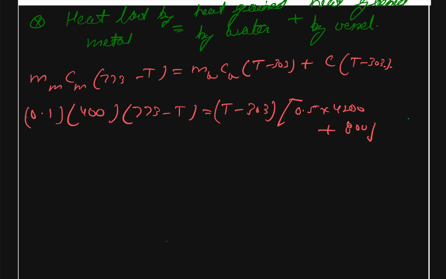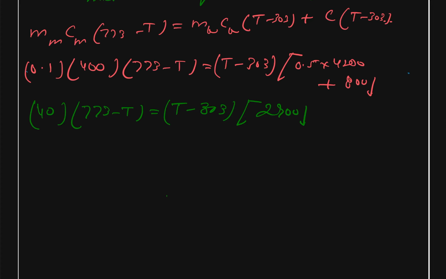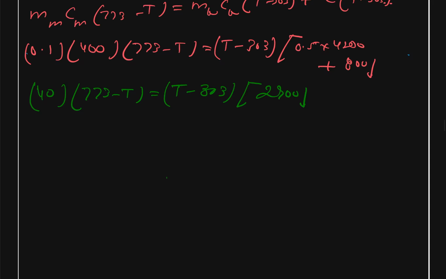So we get 40 times 773 minus T is equal to T minus 303 times 0.5 into 4200 plus 800, that is 2900, and we can say that the zeros cancel out.